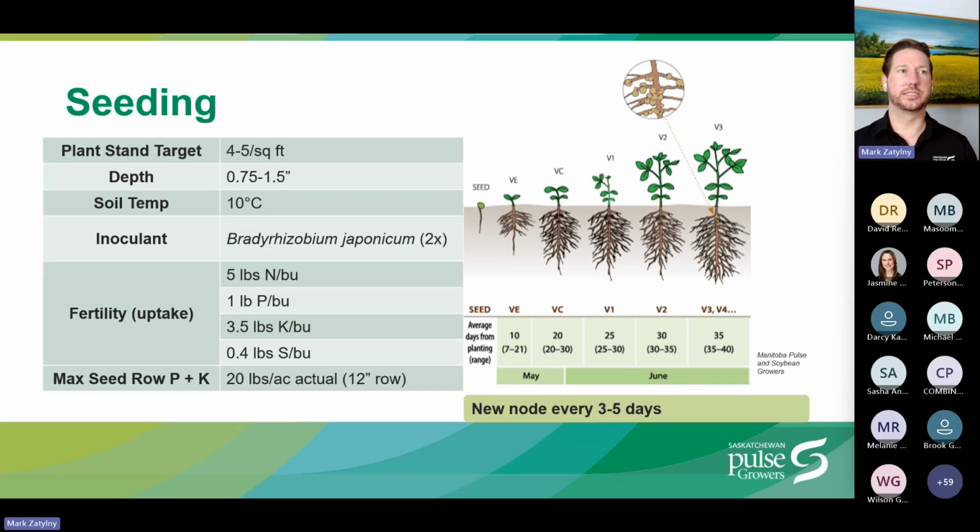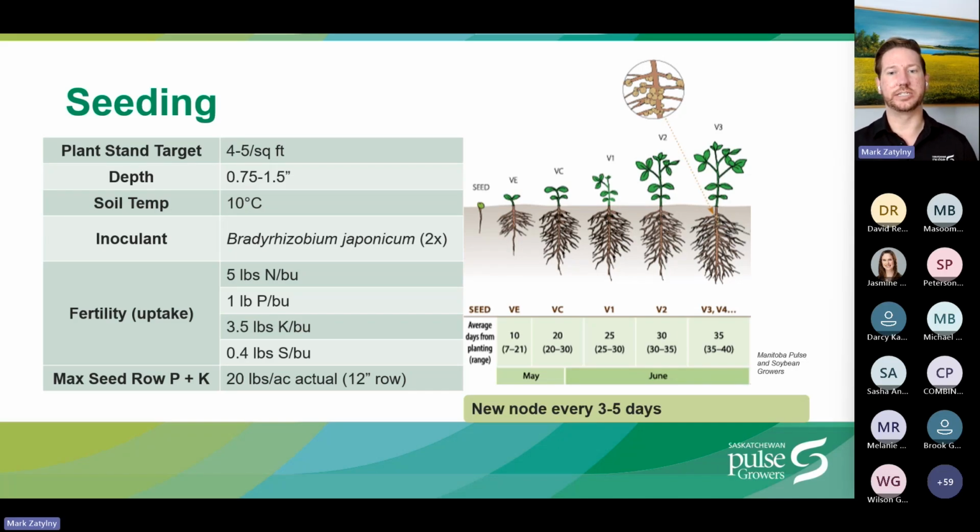One of the big things that I know Manitoba does is with their trash management, where they will get the soil fully black just because then it warms up quicker. In Saskatchewan, that's not always the best option depending on where you are for water management and all of that. But that is something that other provinces are doing to increase that soil temperature so you can get into the ground a little bit earlier.